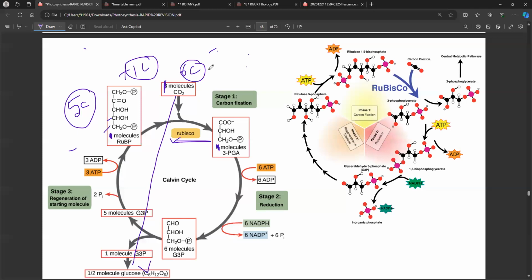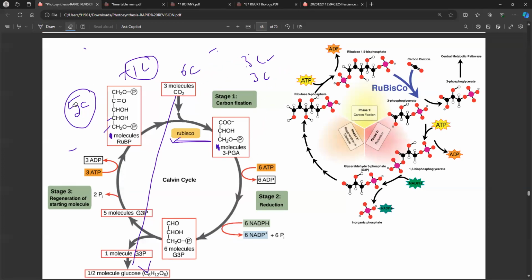How can we break? We have 6 carbons. We are breaking into 2 compounds. Each compound contains how many carbon? 3 carbon. So the stable product or the intermediary product is a 3 carbon compound, that's why the pathway is named a C3 pathway.